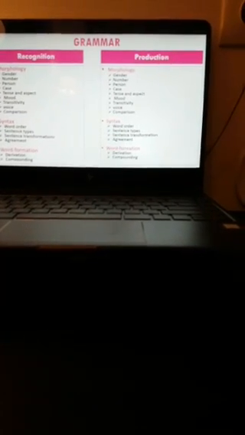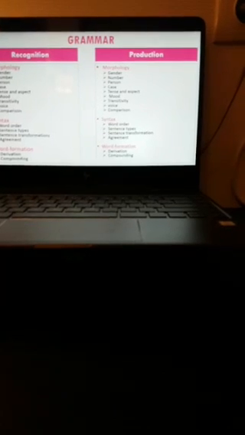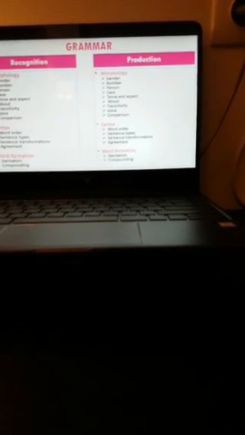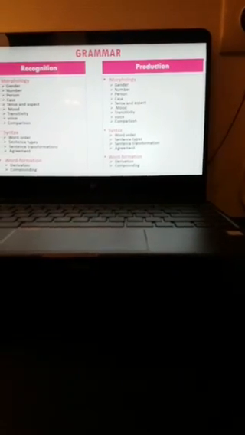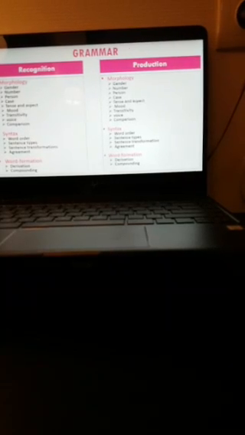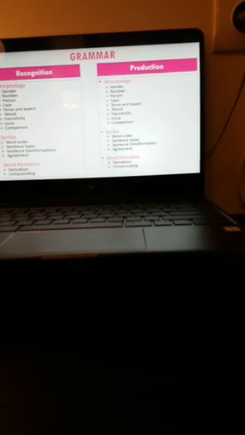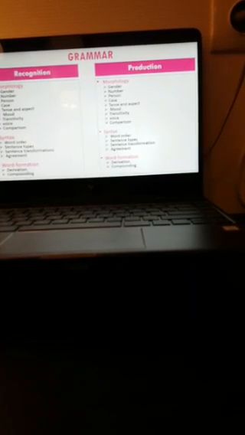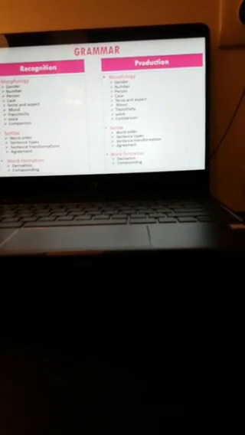Something else, sentence transformations, when we change a sentence from one type to another. Agreement, that's the agreement, we mean agreement between the subject and the verb, the noun and the adjective, the pronoun and the referent.